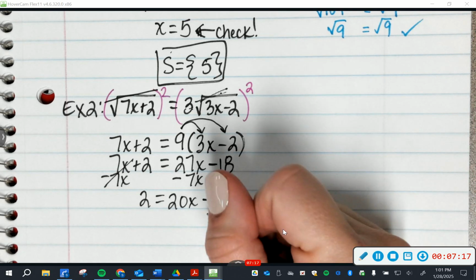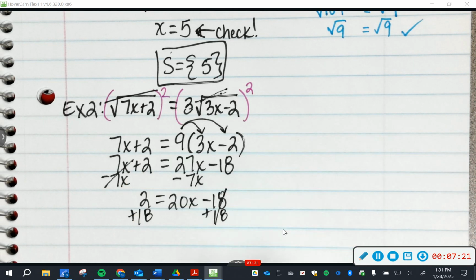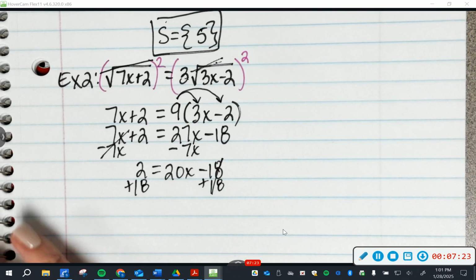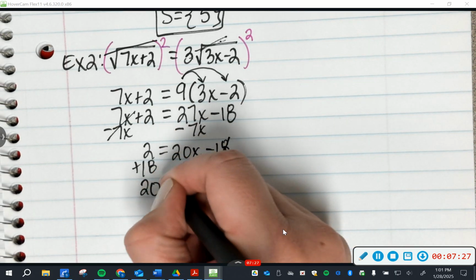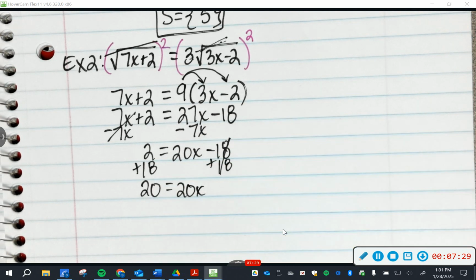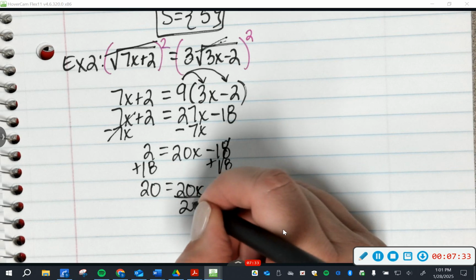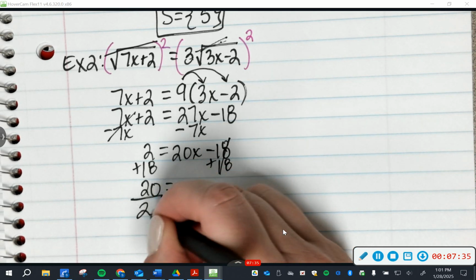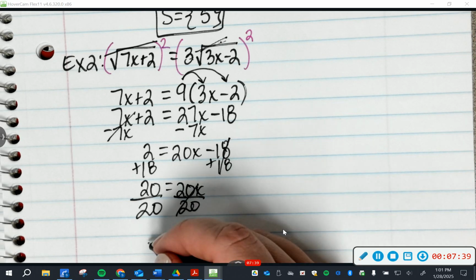And then add 18. Two plus 18 is 20. 20 equals 20x. And then divide by 20. 20 divided by 20 is 1.